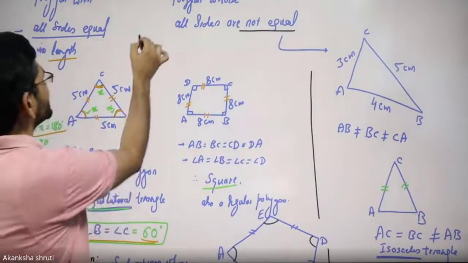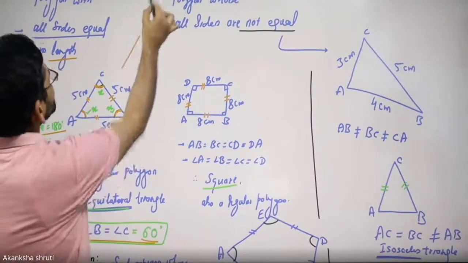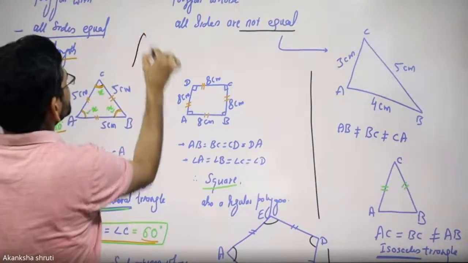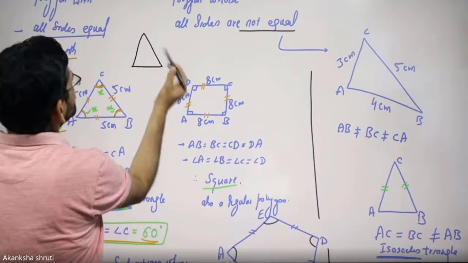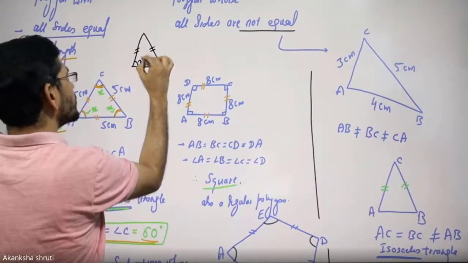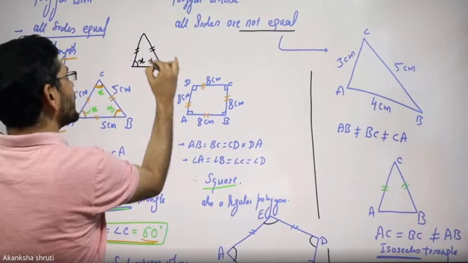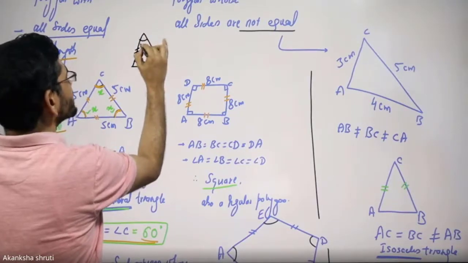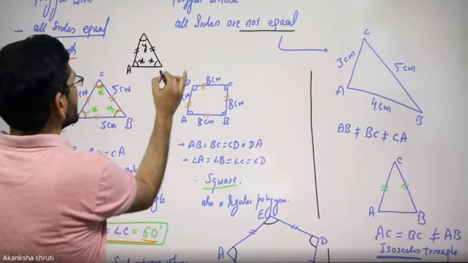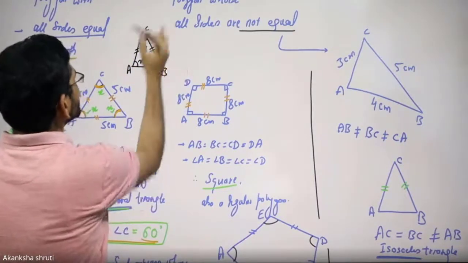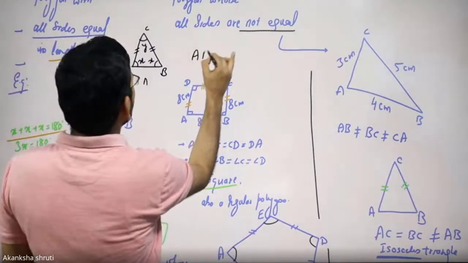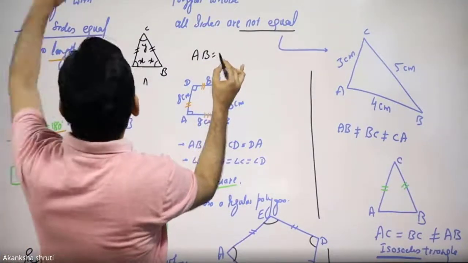If you are taking another triangle, even if you are taking the isosceles triangle in which two sides are equal, then these two angles will be equal, but this angle will not be x. This angle will be different. Here in triangle ABC, if I am taking AB equals to, no, it is not AB.